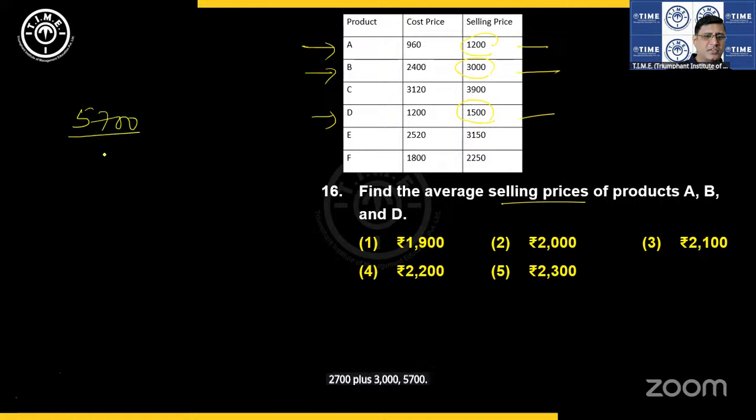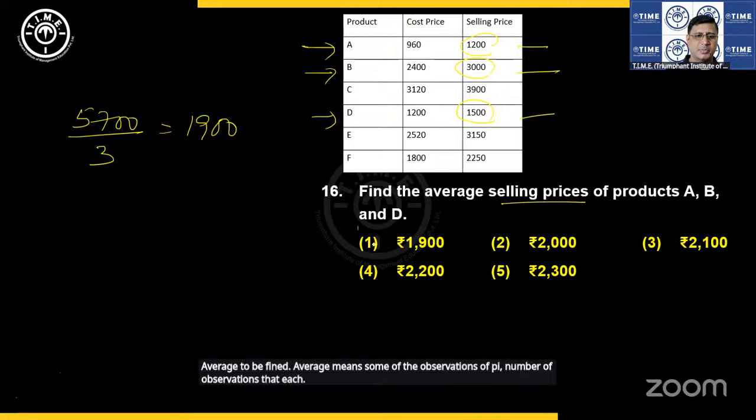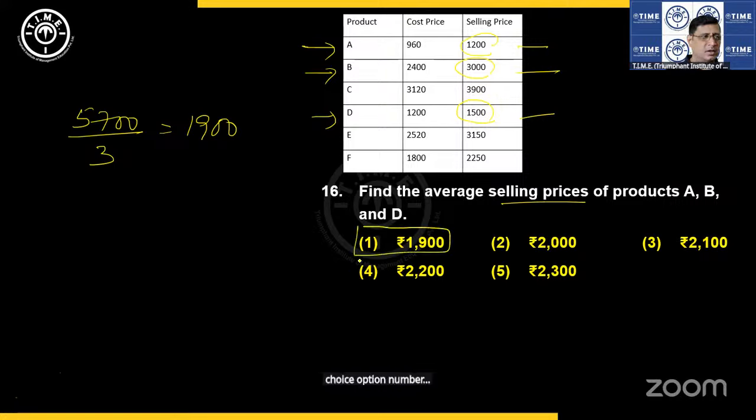So 5,700 by 3. Average to be found. Average means sum of the observations by number of observations. The right choice, option number 1. First choice is the right answer.